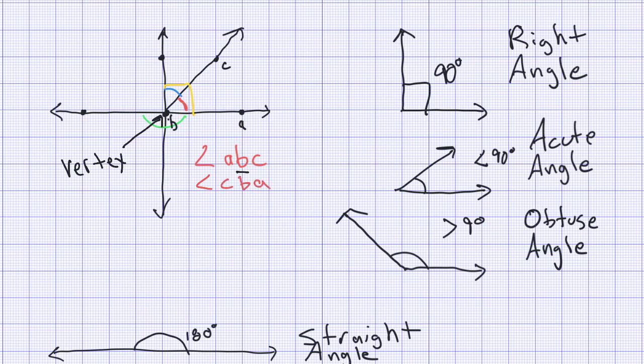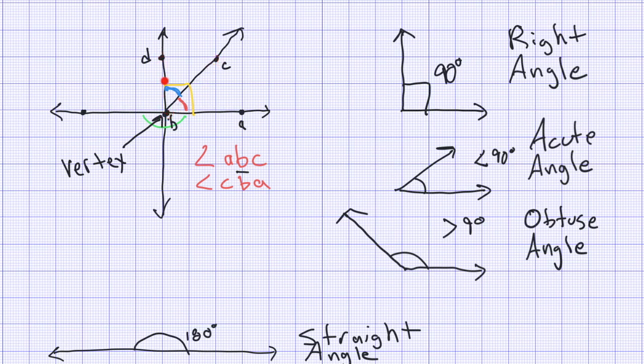All right. Well, let's look at some other ones. We've got a bunch of letters here, so let's keep going. Let's make this one D over here. And this angle I showed in blue from here to here. So I'm looking at this angle that goes right here in blue. And we would label this one CBD or DBC.